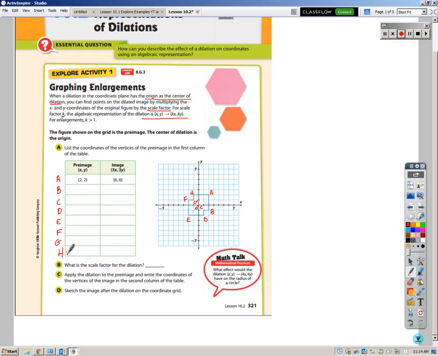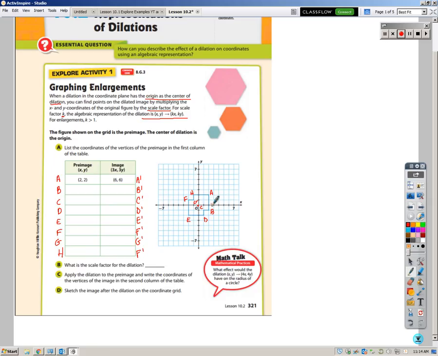And then this will be the image. So this would be A prime, B prime, C prime. And so it doesn't ask you to do this, but this is just kind of one of those things that helps things stay a little bit organized and keeps things in order and make sure that you're writing down the right corresponding vertices. So A was done for us, and that coordinate is 2 and 2.